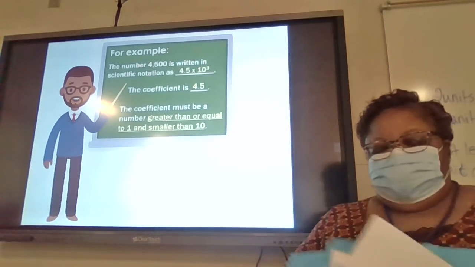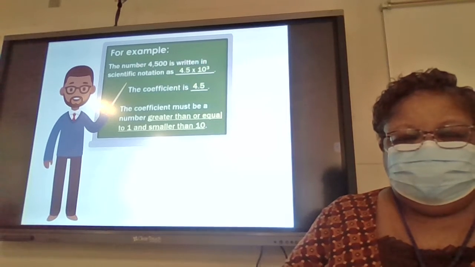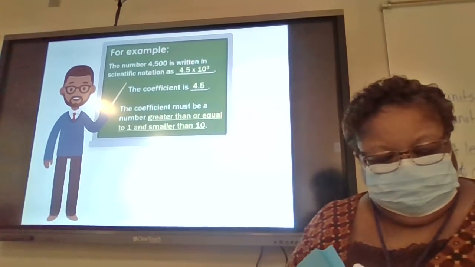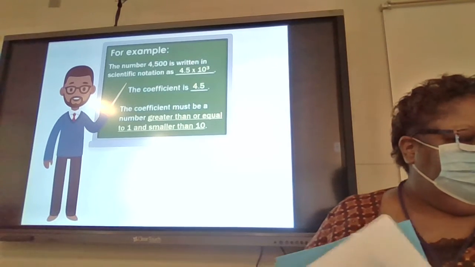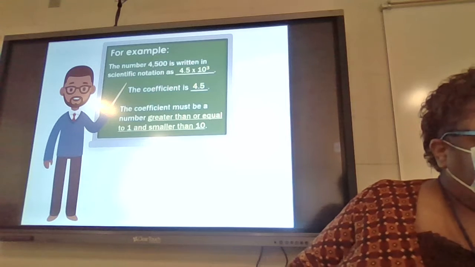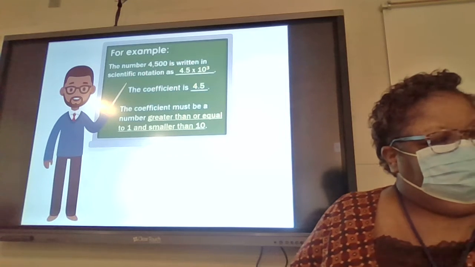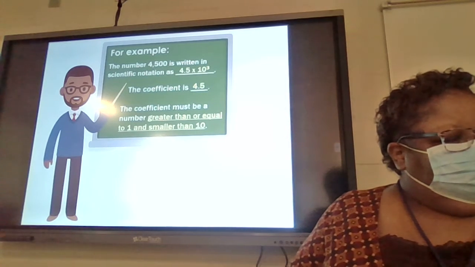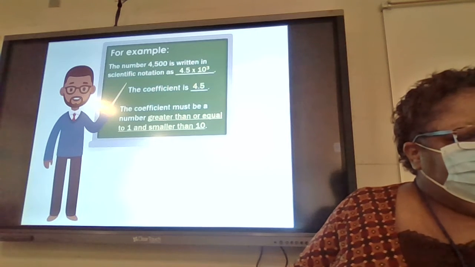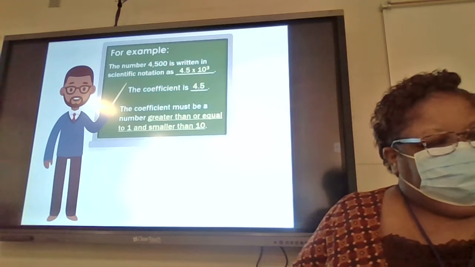So the coefficient has to be a number greater than 1, but smaller than 10. Greater than 1, smaller than 10. What questions do you have at this point?